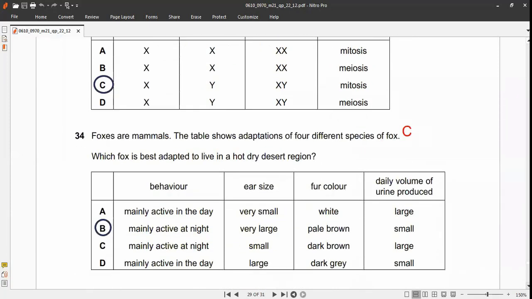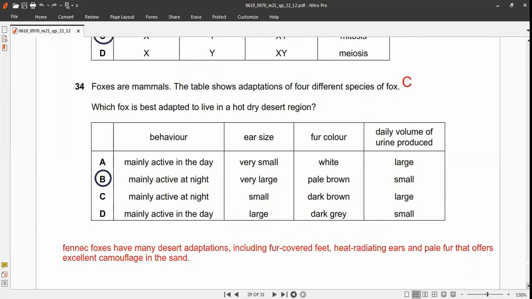Foxes are mammals. The table shows adaptations of 4 different species of fox. Which fox is best adapted to live in a hot, dry desert region? Yes, behavior here, like the fennec fox. Fennec foxes have many desert adaptations, including fur-covered feet, heat-radiating ears, and pale fur that offers excellent camouflage in the sand.